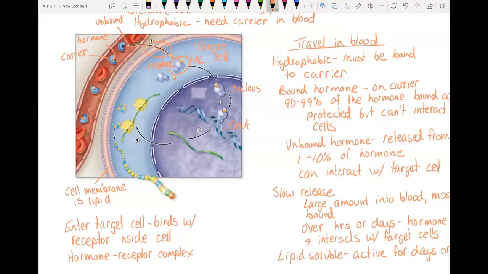Now if you also think back to chapter 4, DNA codes for protein. And when you go to make a protein, you first have to make messenger RNA, which is a copy of the gene. It then goes out to the ribosome, and it follows those instructions, and you make a protein.